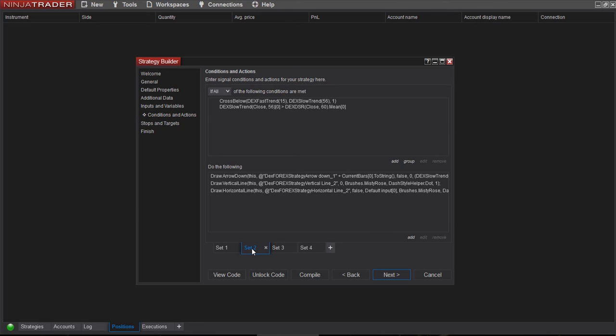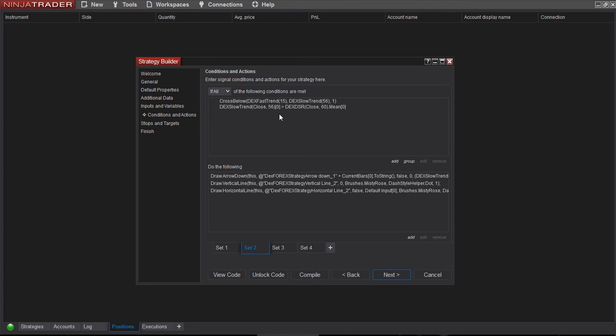So what we've done is we've added a second statement here. I'm sorry. First, our fast trend has to cross above our slow trend, and the slow trend has to be less than the DEX dynamic support and resistance median.